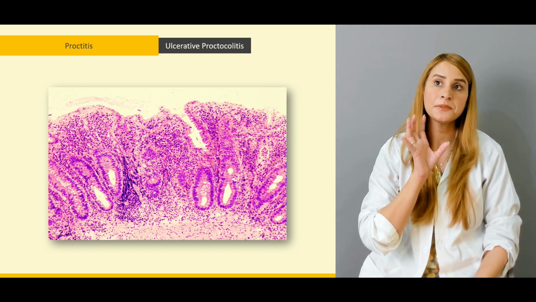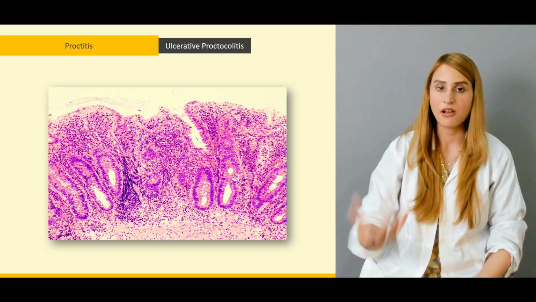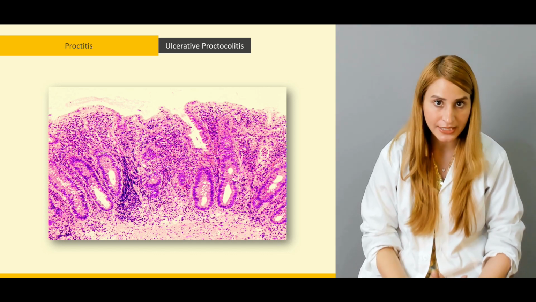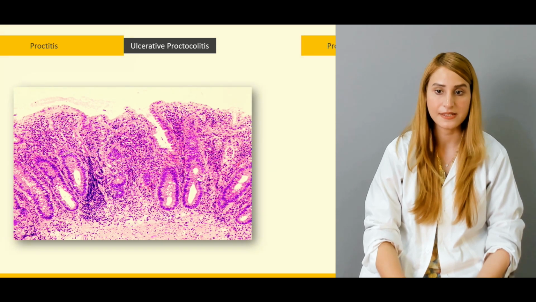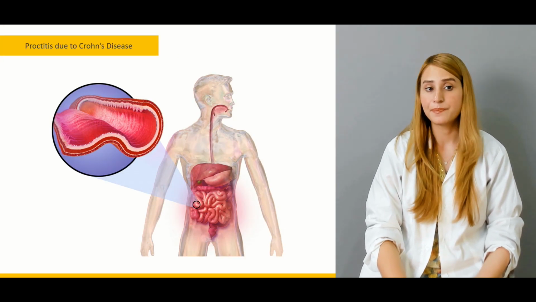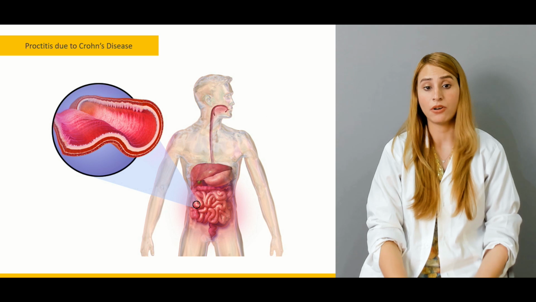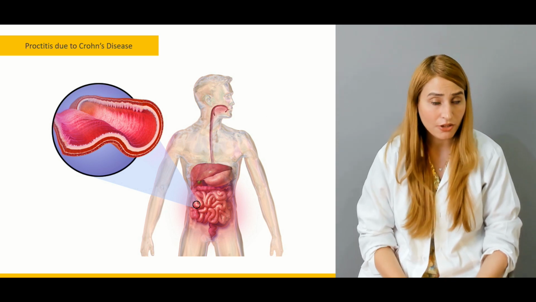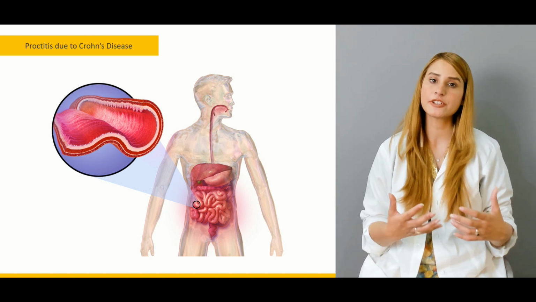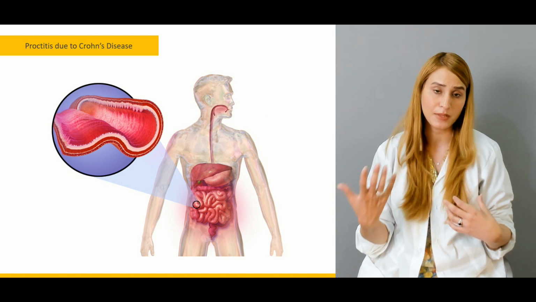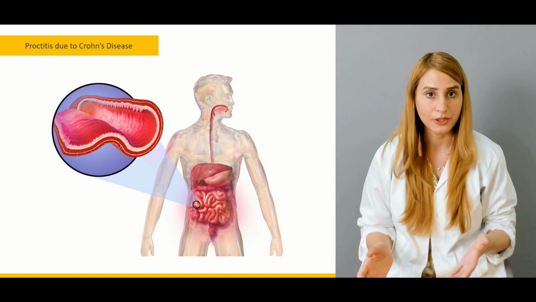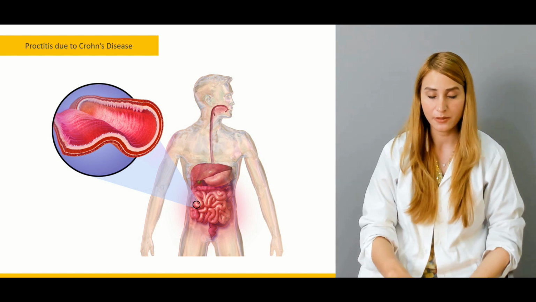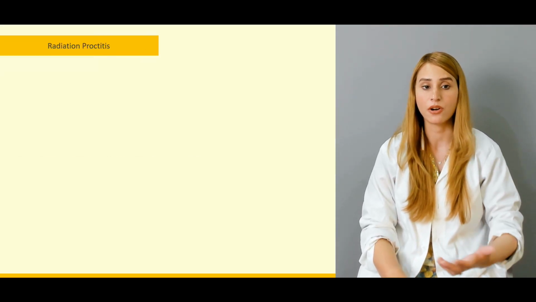So whenever the rectum is involved along with the colon in case of ulcerative colitis, that's called ulcerative proctocolitis. And proctitis can be because of Crohn disease, because we know that in Crohn disease there are variable skip lesions, multiple ulcerations, and all these things also damage the rectal mucosa as well, and they lead to the proctitis which is due to Crohn disease.